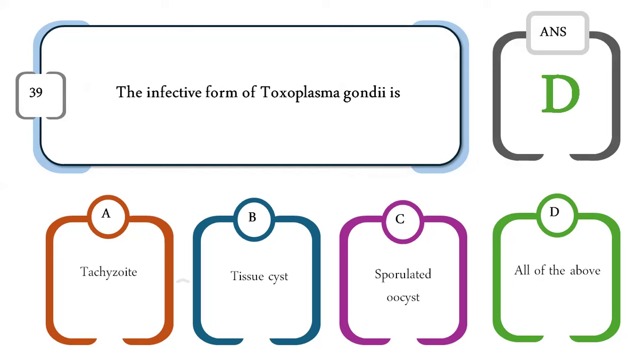It is even transmitted through blood transfusion or organ transplantation, and it can cross the placenta, causing transplacental infection from infected mother to fetus. It may also cause accidental infection in persons who handle the parasites in the laboratory.